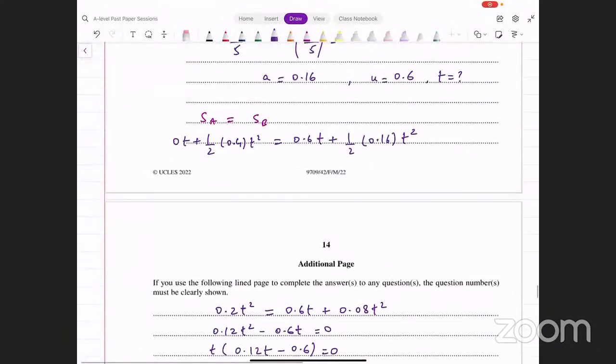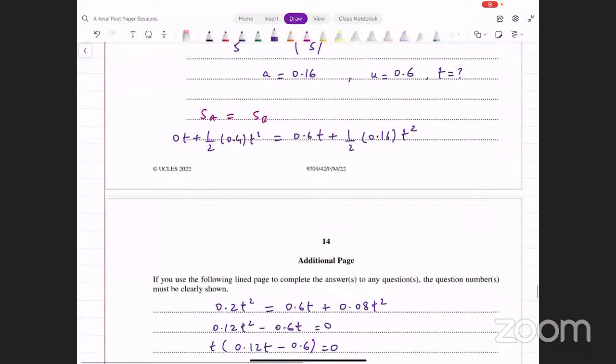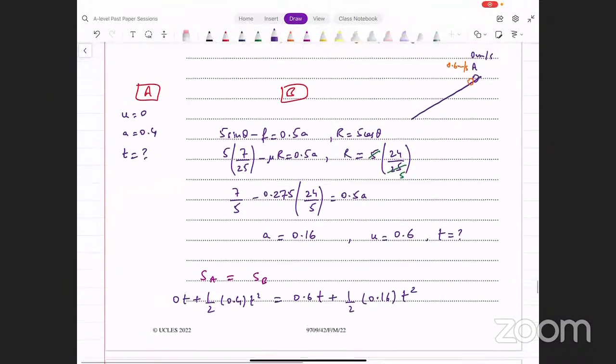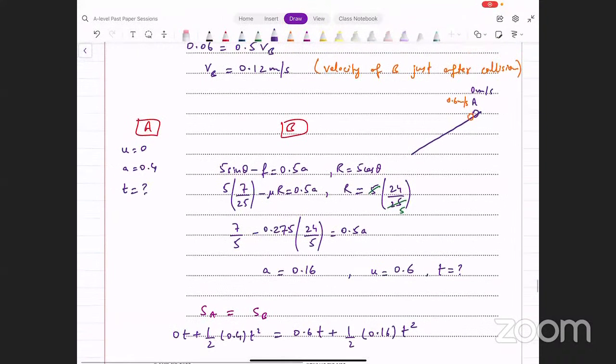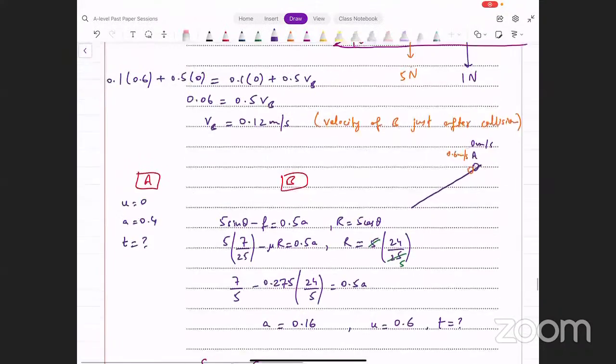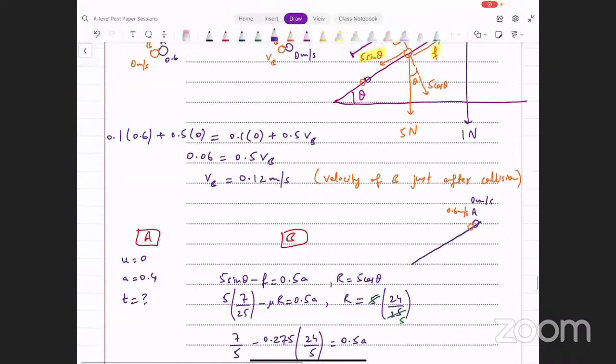Let me just check the calculation again. 0t plus half into 0.4 t squared, and on the other side I've got 0.6. That was the initial velocity of the particle B. Initial velocity of particle B, that was actually, oh sorry about that.